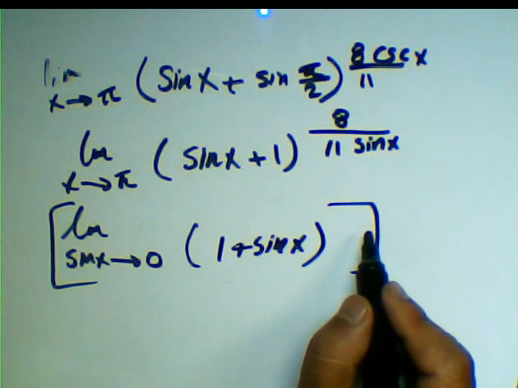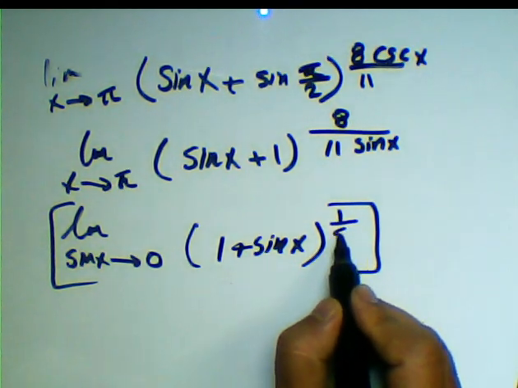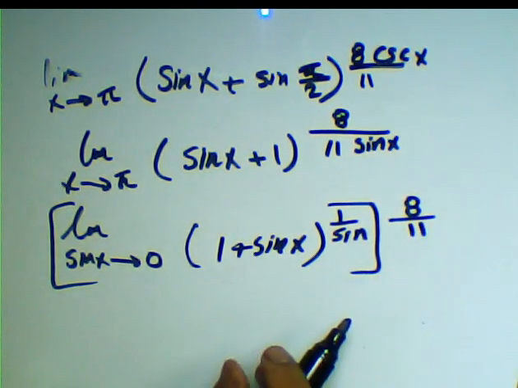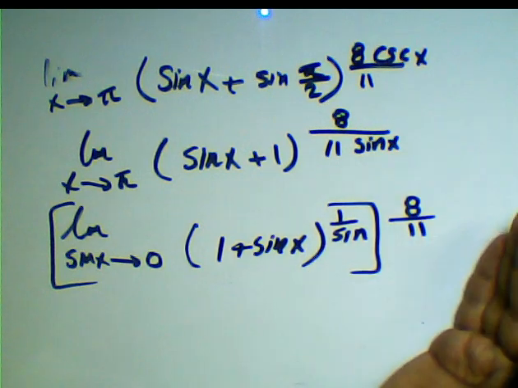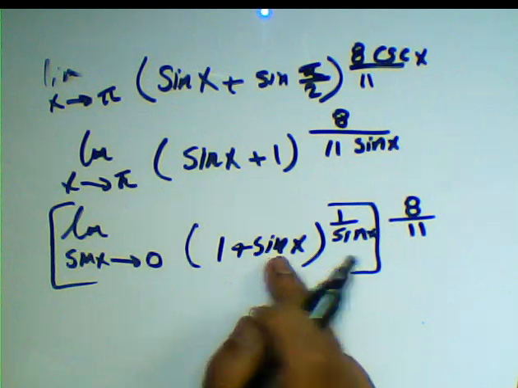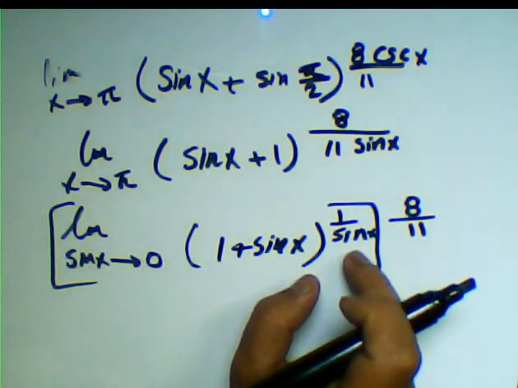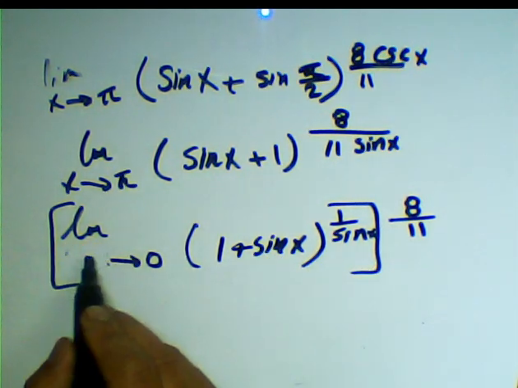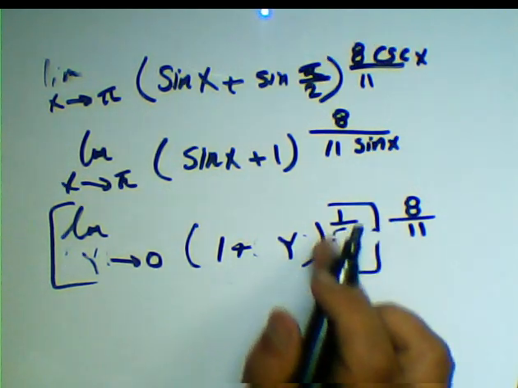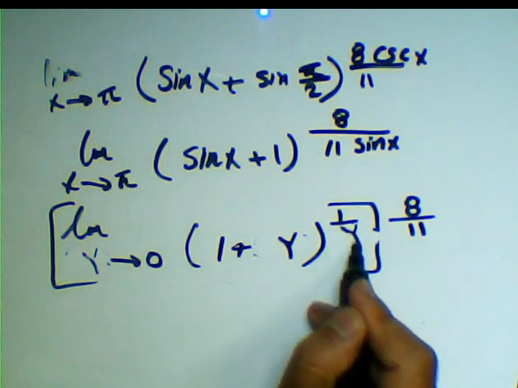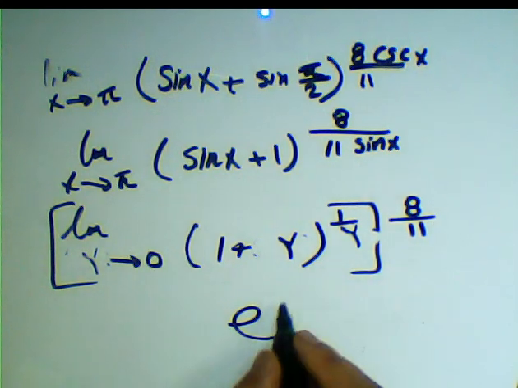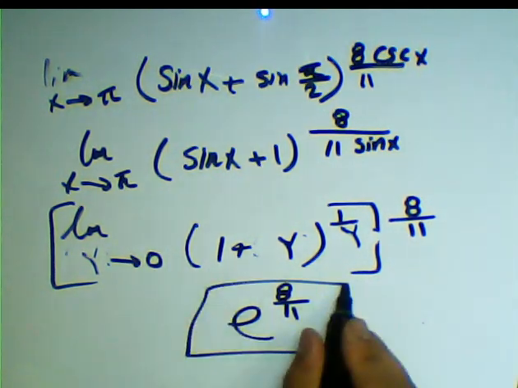It's power 1 over sine x multiplication by the power 8 over 11. I write 8 over 11 outside here and 1 over sine x down, because the angle here equals the angle here, unknown equals unknown. If you put y here and y here, then the result will be e all power 8 over 11. So the result will be 8 over 11.